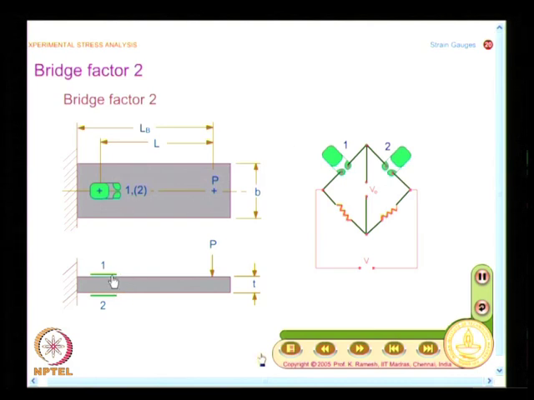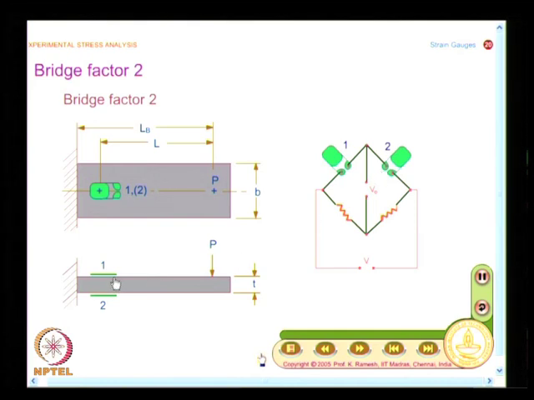Suppose in one such application, you have put two strain gauges, one on the top of the cantilever and one on the bottom. You know from solid mechanics, for the kind of loading that is applied, the top fiber is subjected to tension and the bottom fiber is subjected to compression, and you connect them appropriately on the Wheatstone bridge.